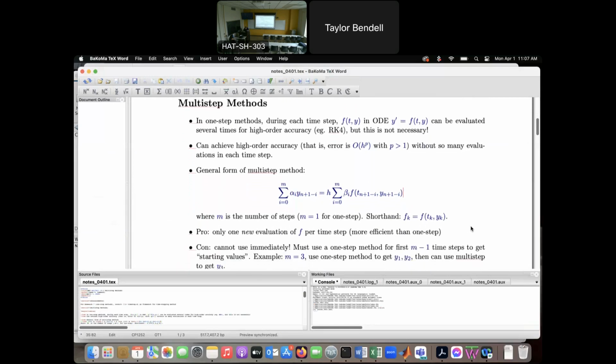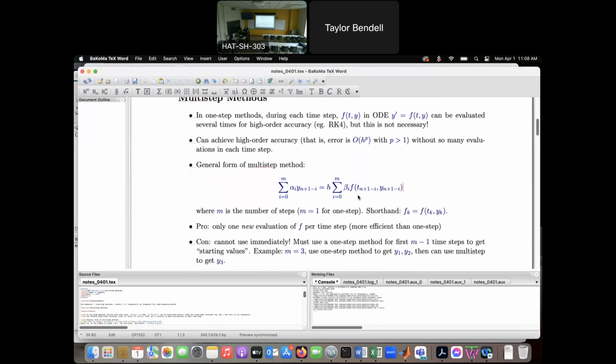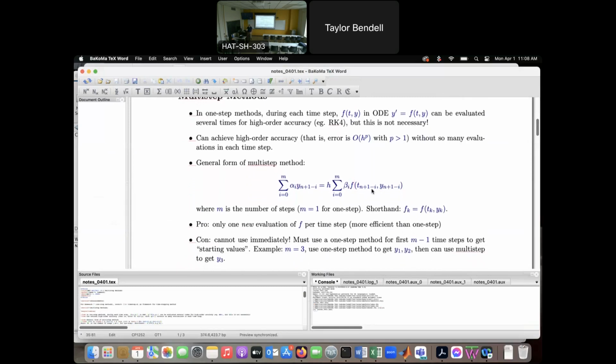Now, the benefit of a multi-step method is that when we're evaluating f, we only have to evaluate f once each time step. We're mostly using f values from earlier time steps, and we already worked those out. So there's only one new evaluation each time step.